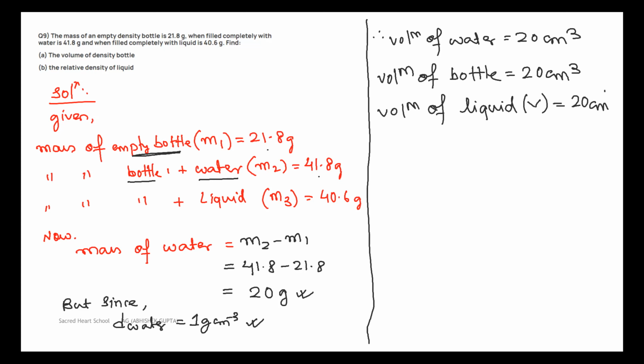Understood? Where is the water kept? In the bottle. Whatever is the volume of the bottle, the same is the volume of water. Now where is the liquid placed? Liquid is also placed in the bottle. So whatever is the volume of the bottle, the same will be the volume of the unknown liquid, 20 centimeter cube. Now, mass of liquid will be how much?